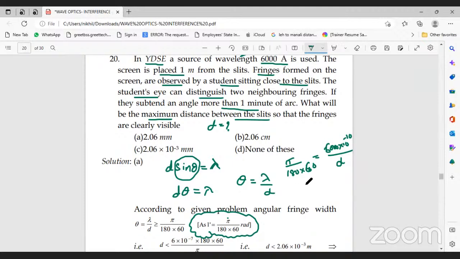Do the cross multiplication. d will be equal to 6,000 into 10 power minus 10, which is 6 into 10 power minus 7, into 180 into 60, divided by pi. You simplify this.